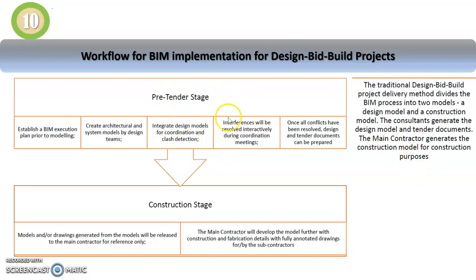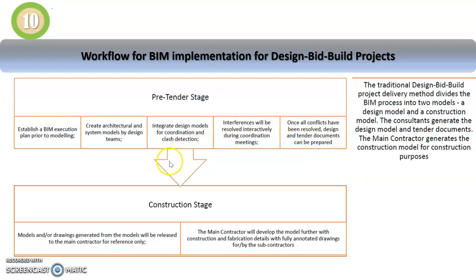So in the pre-tender stage, we will need to establish the BIM execution plan prior to modeling, create the architectural system model by the design team, and integrate the design models for coordination and clash detection. Interference will be resolved interactively during the coordination meeting. And once all conflicts have been resolved, design and tender documents can be prepared.